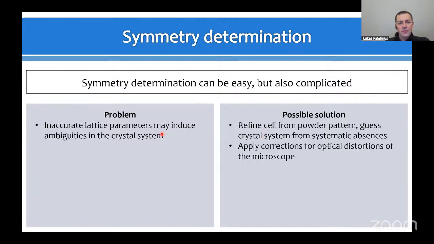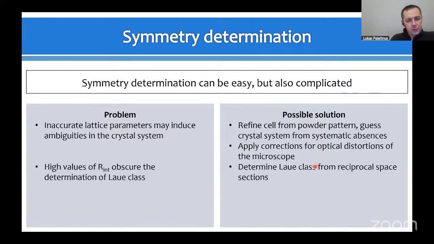If there is an ambiguity of this type, then a possible solution is to get external information about the lattice parameters. If you have enough material, you can collect the powder pattern and refine the unit cell on the powder pattern, or you can guess the crystal system from systematic absences. Or, as I said, you can apply corrections for optical distortions of the microscope, and that can improve the accuracy of the lattice parameters.